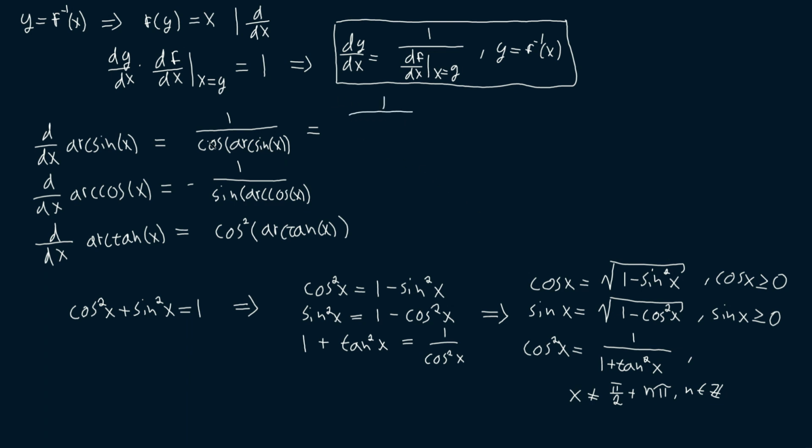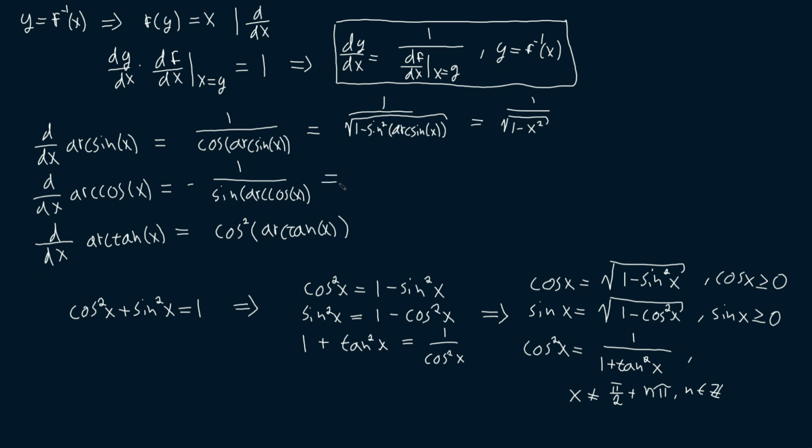So we get that we can replace cosine with the square root of 1 minus sine squared, but here evaluated at arcsin of x. Now just from the definition of the inverse functions, we know that sine at arcsin of x is just x, so we're left with 1 over the square root of 1 minus x squared.